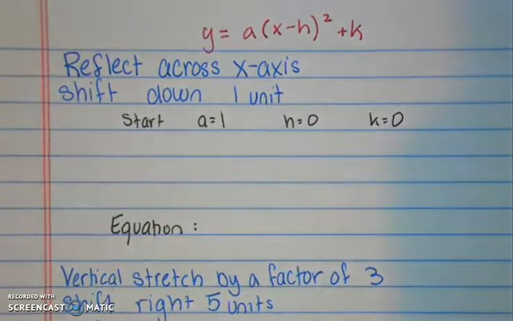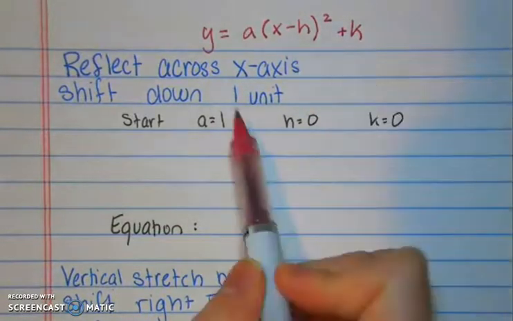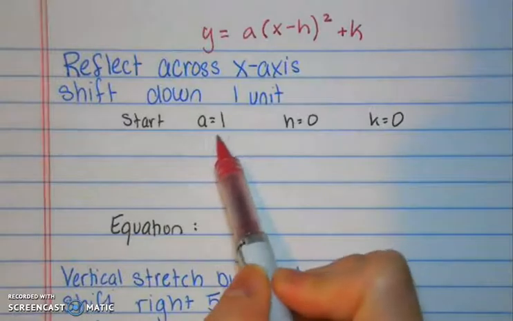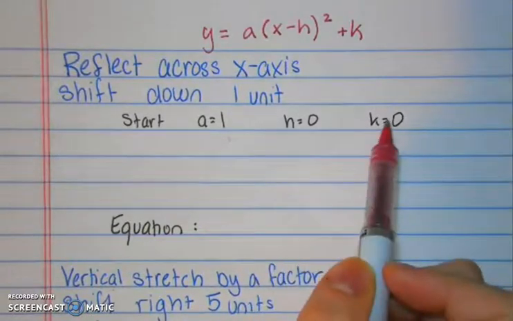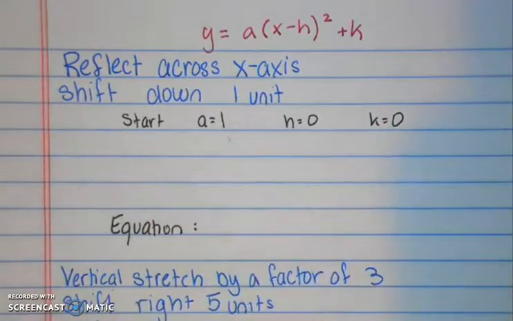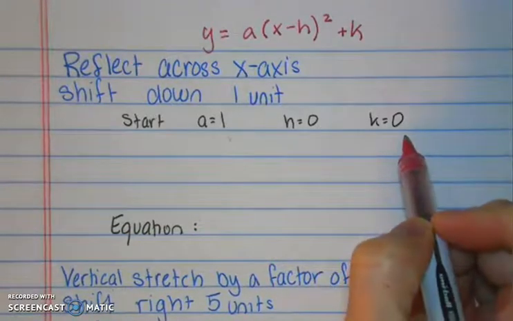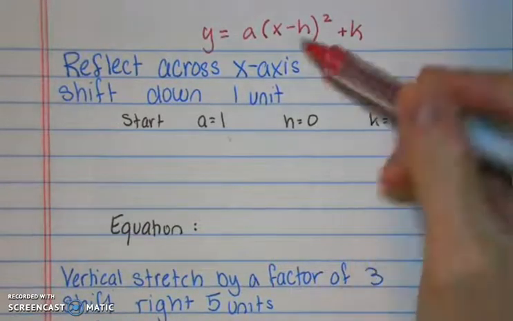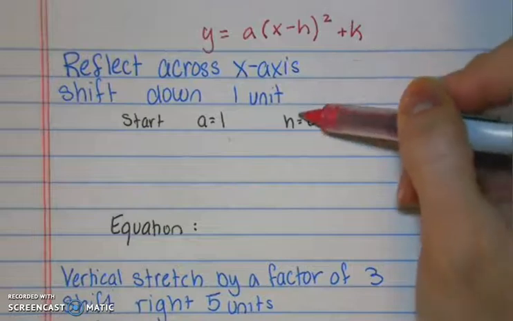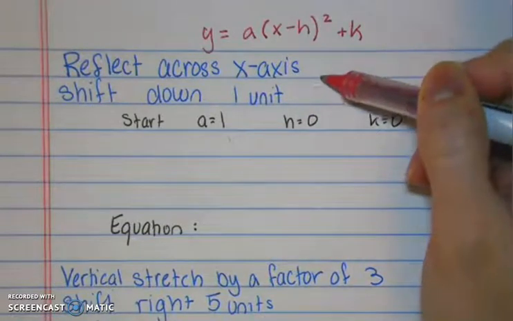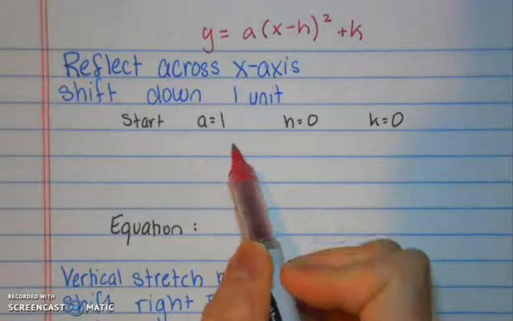So now that we know what our equation is, we're going to look at what we start with as our values for a, h, and k. When there are no transformations in a quadratic, a is 1, h is 0, and k is 0. Then we can look at our transformations and figure out how that's going to change these numbers.